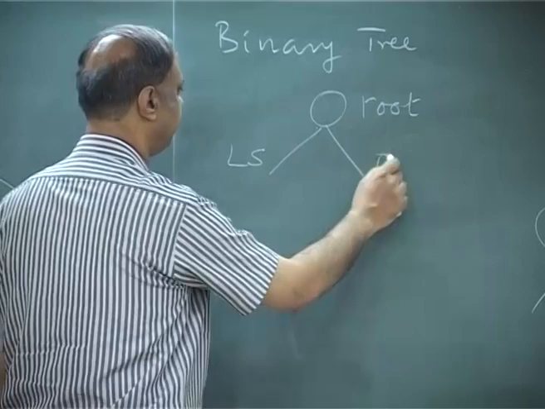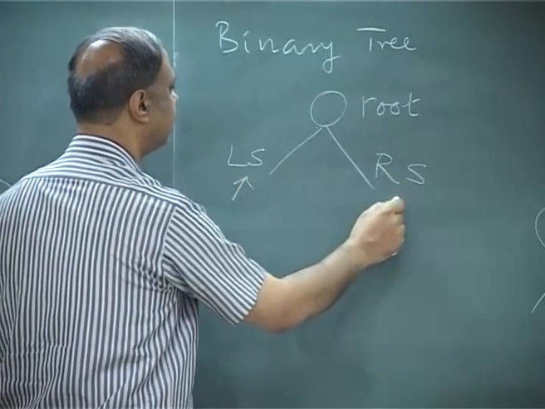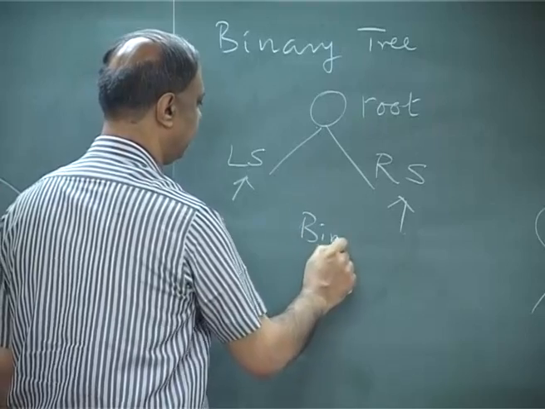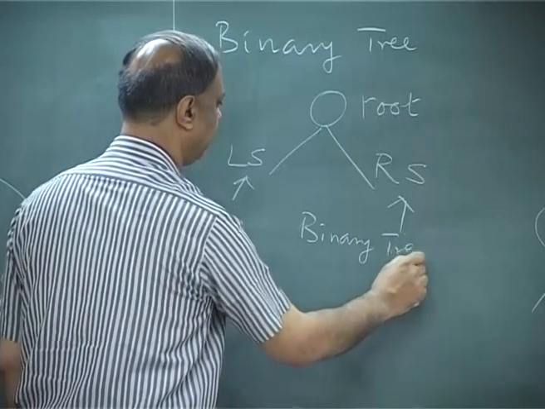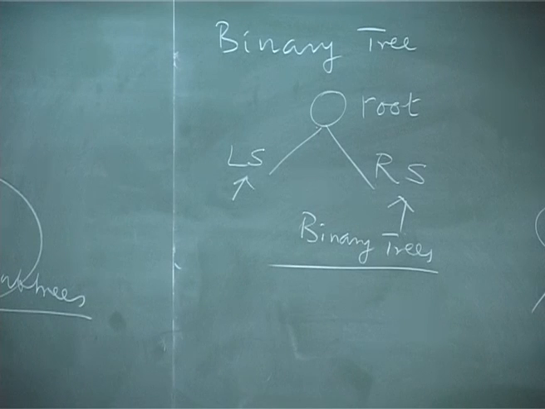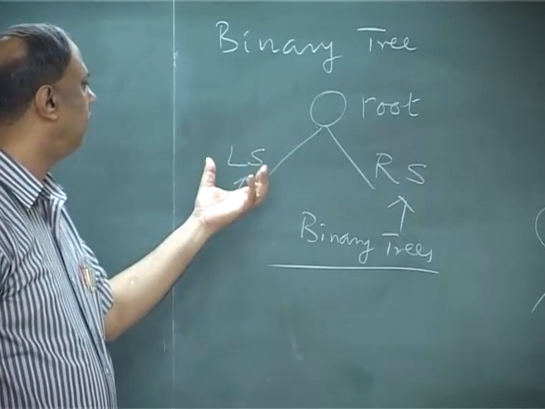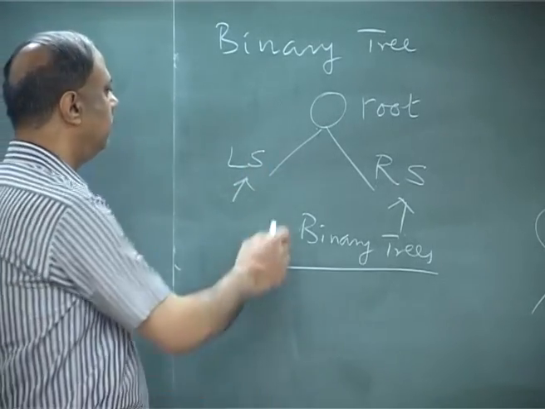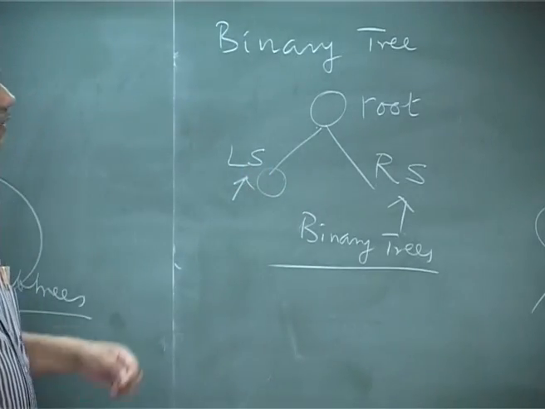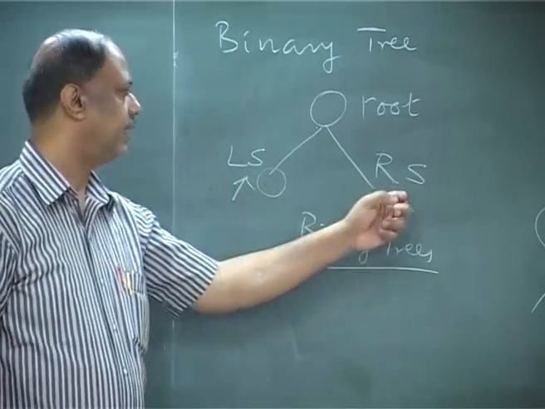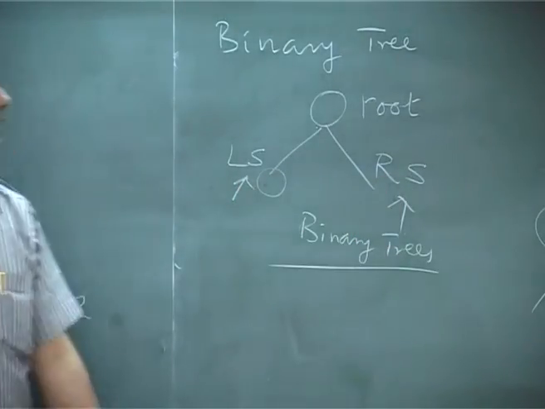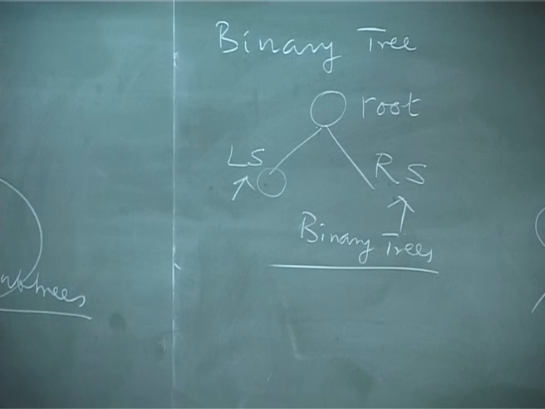Both the left subtree and the right subtree are binary trees. Okay? You have the root node, and it has at most two children. So the left child, if it exists, is the root of the left subtree. The right child, if it exists, is the root of the right subtree, and each of them is a binary tree.